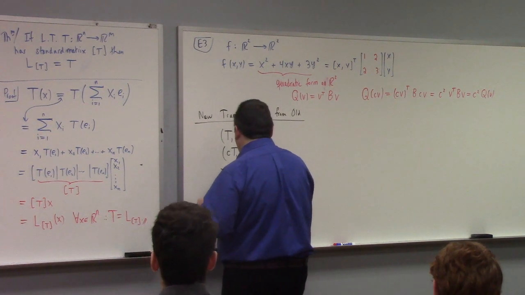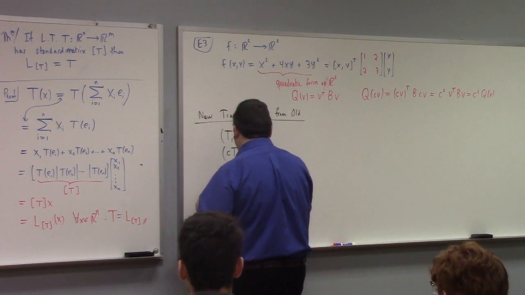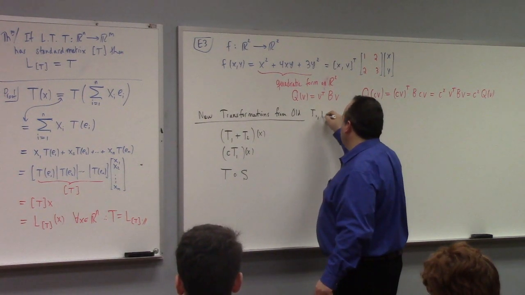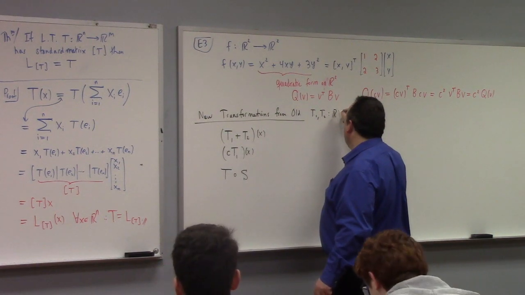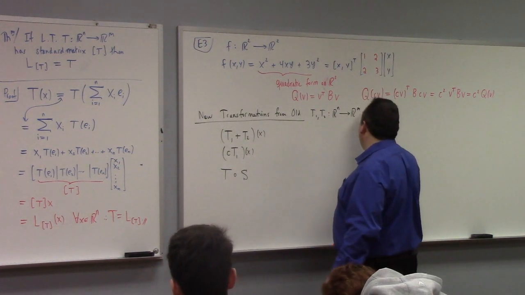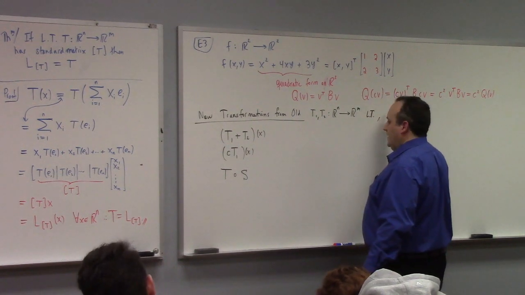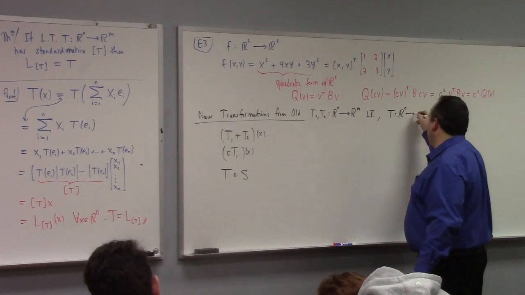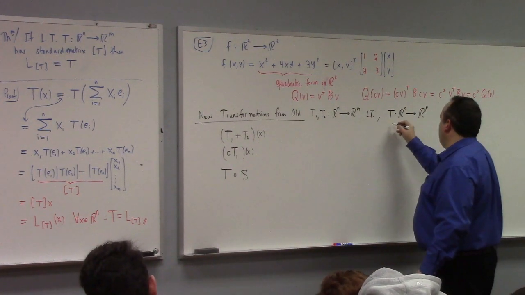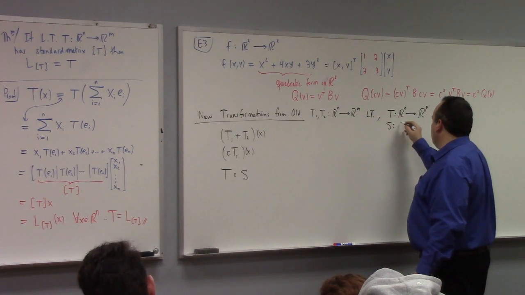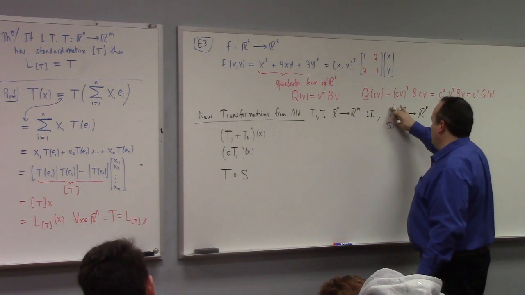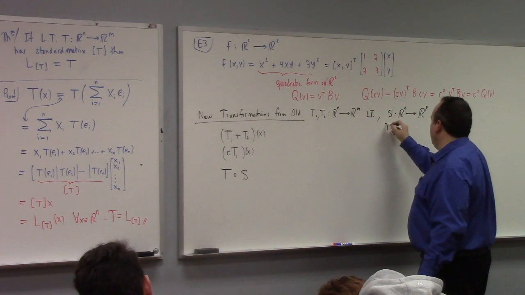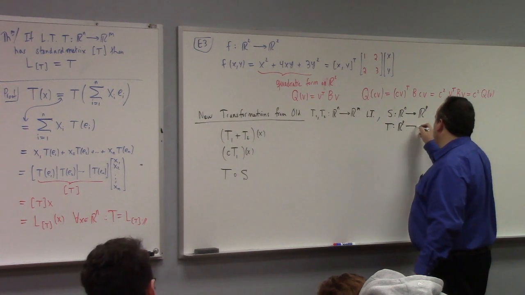And we can even talk about T composed with S. So here I'll let T1 and T2 be linear transformations from Rn to Rm. And I'll let S be a linear transformation from Rn to Rp, and T a linear transformation from Rp to, let's say, Rm. I always mess that up.